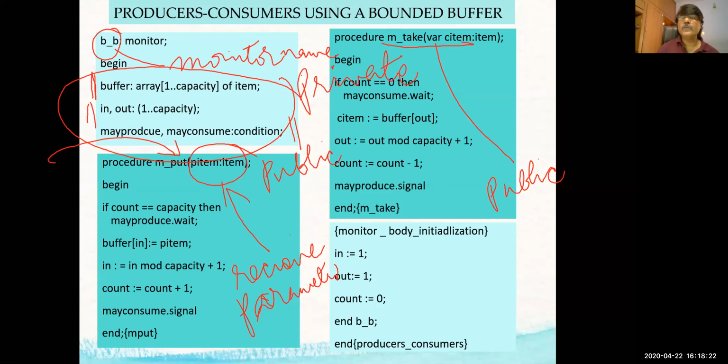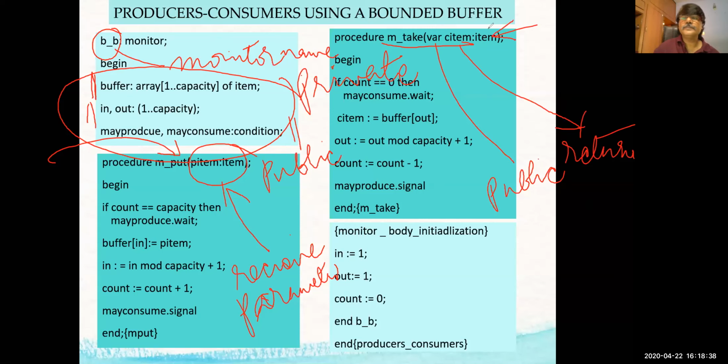If the consumer wants to retrieve the information from the buffer, it should invoke the function called mtake. So mtake will return the value to the consumer. Remember, input will accept a parameter, mtake will return a value to the consumer.